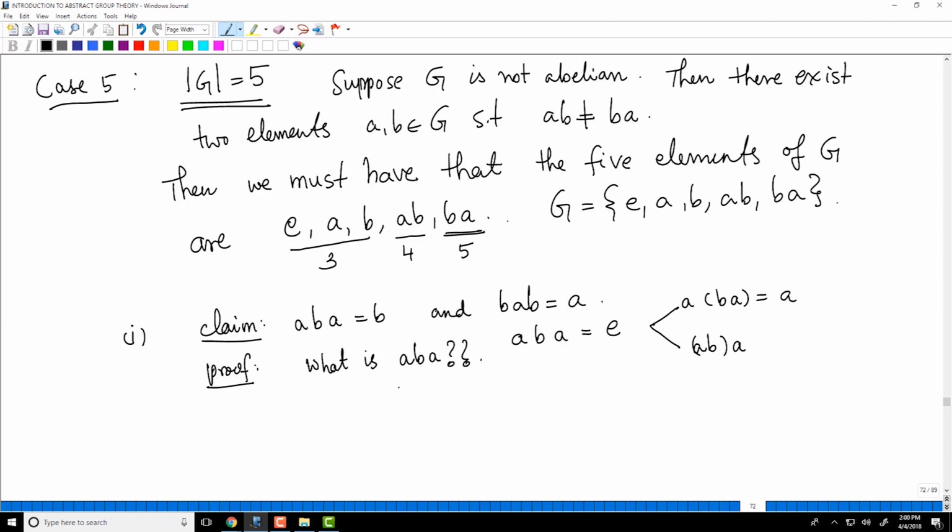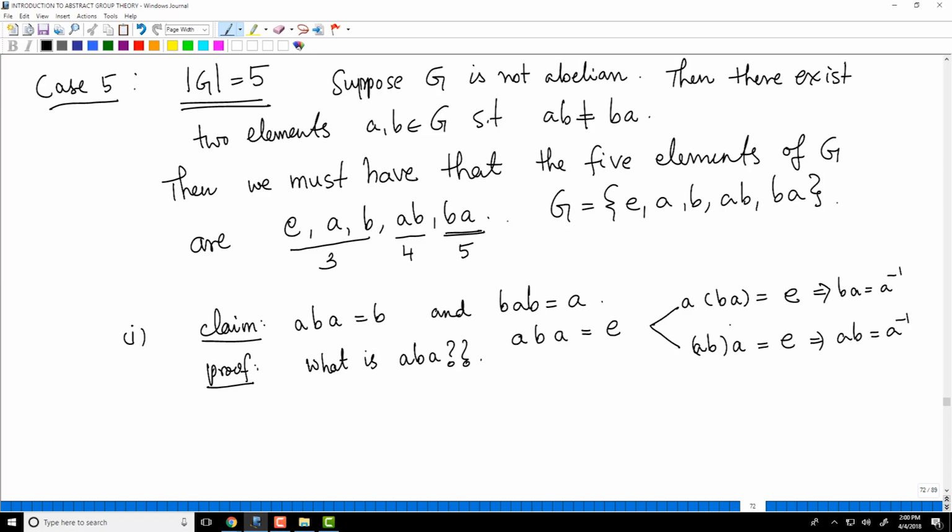ABA must be an element of the group. So, it is one of these 5 elements. Suppose it is E. So, A times BA is E, AB times A is E, right. But this is a problem now, because if A times BA is E, then BA is A inverse, and here AB is A inverse, right.